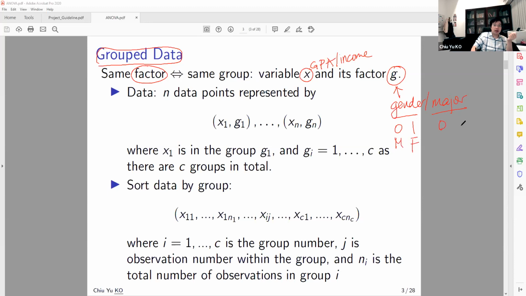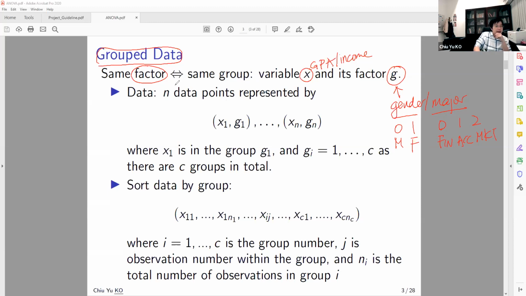The number doesn't really matter. 0 and 1, maybe this is finance, this is accounting, and this is marketing, and so on and so forth. But the number is not meaningful. It's categorical, right? It's not meaningful, just some coding, okay?